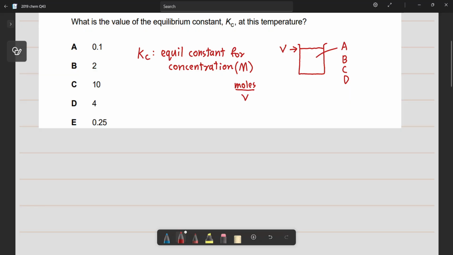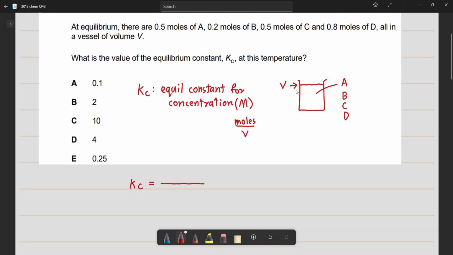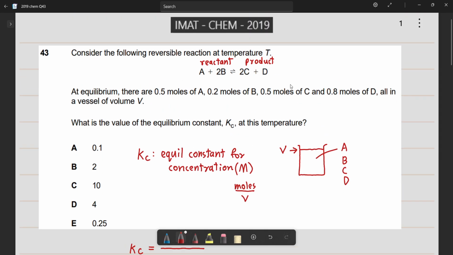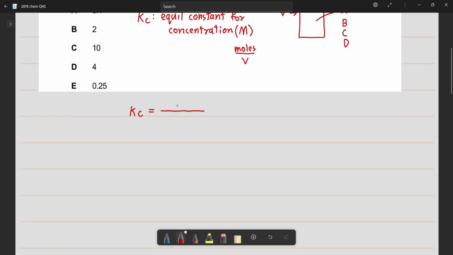Okay, so now the formula for Kc is Kc equal to, so the fraction form. So first of all, I'm going to go with a very general expression. Okay, so the most general expression is the product, the concentration of product.